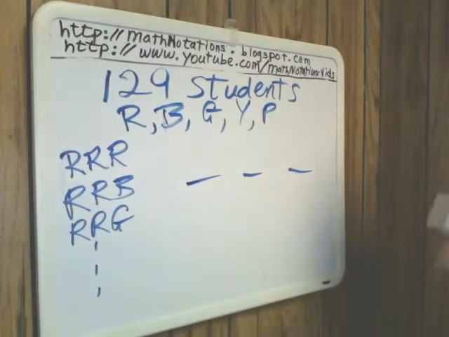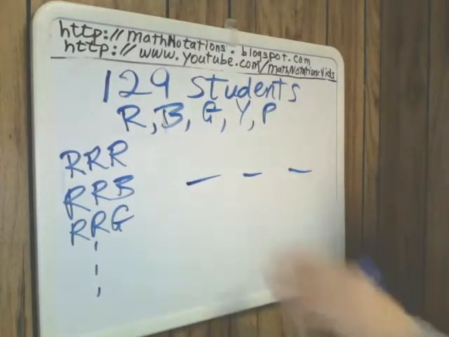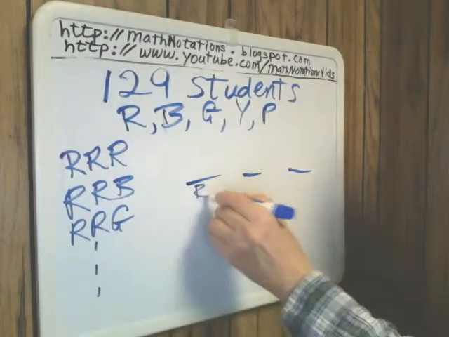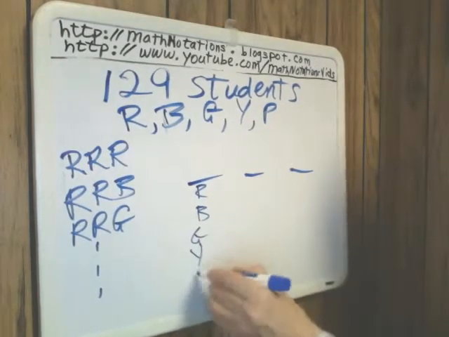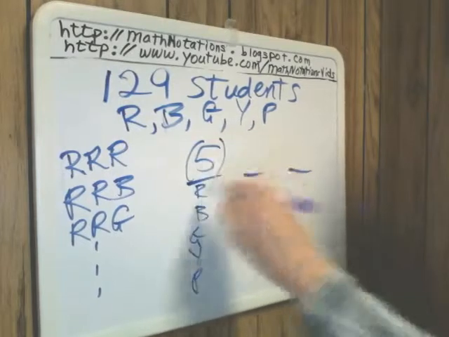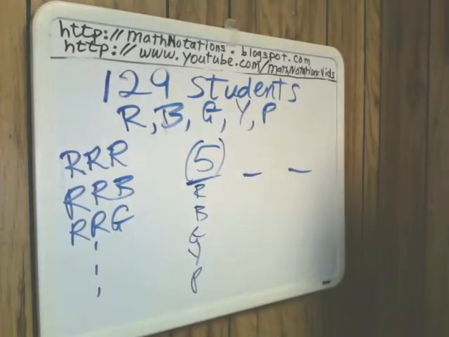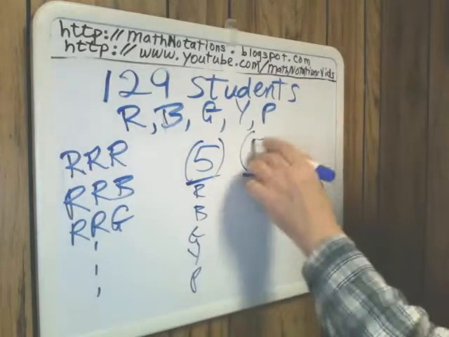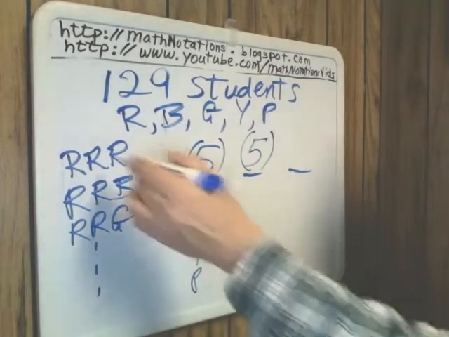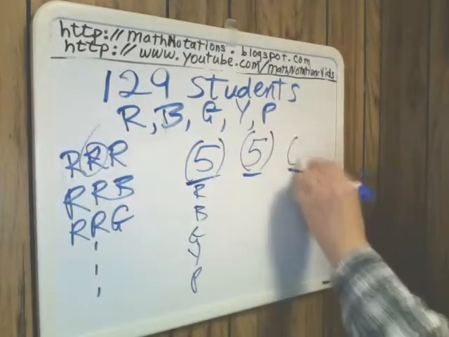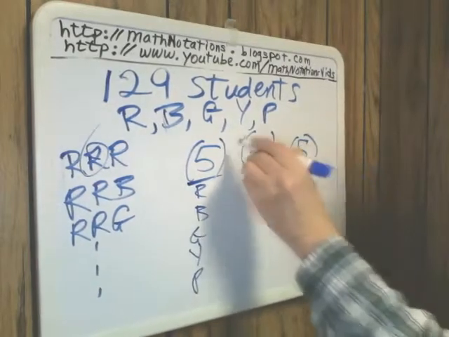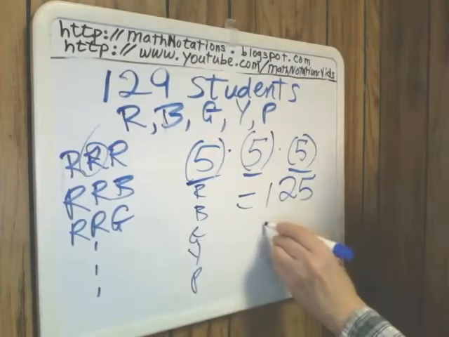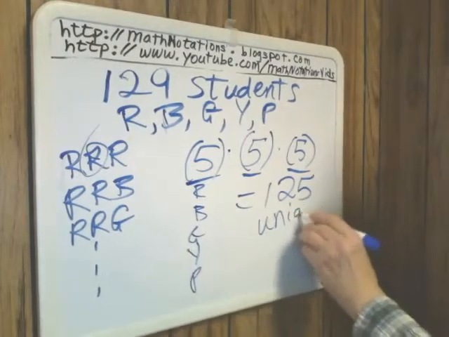So we will use a multiplication or slot method. Red, blue, green, yellow, purple. So there are 5 choices for event number 1. Choose first color. Followed by, there are 5 choices for event 2 because we can use the same color. And 5 choices for event 3, followed by, multiply. So there are 125 unique codes.